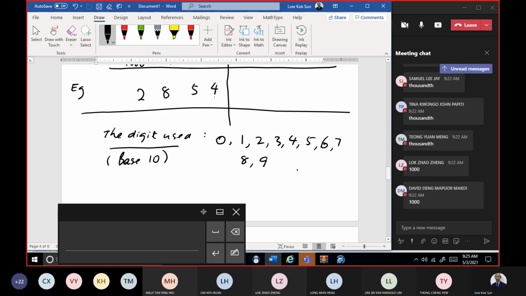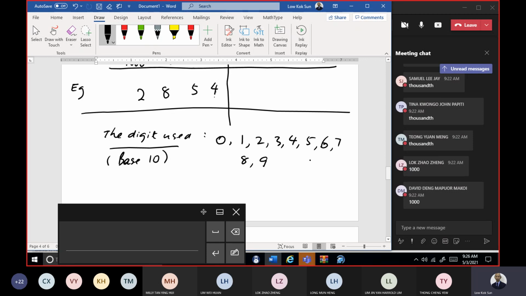So in system 10, what are the digits used? In base 10, the possible numbers are 0, 1, 2, 3, 4 until 9. And now I jump.